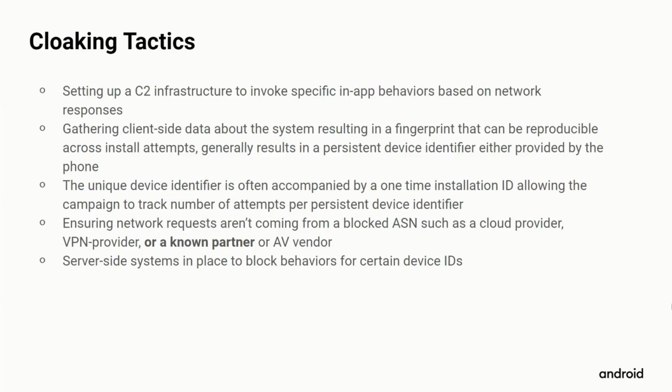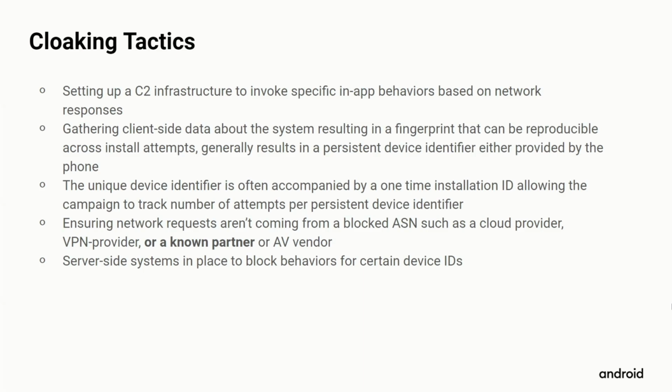Generally, as I make this call home, I'm going to set up some type of unique identifier that's basically an install token. I'm also going to generally send up some type of persistent identifier along with that install token. And this helps me decide when an analyst may be installing me too often.